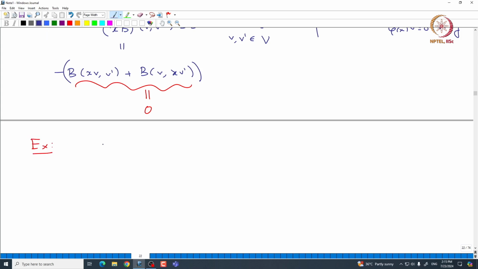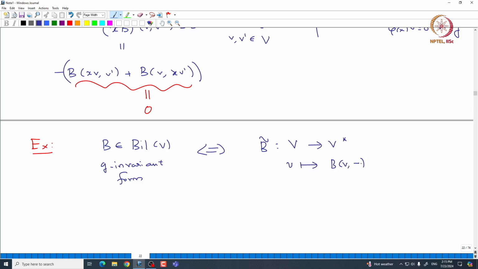If we start with B being a G invariant form, which is an invariant vector inside this representation, then if and only if you have this B tilde, a map from V to V star given by V to B of V, comma dash, this map should be a G module map.